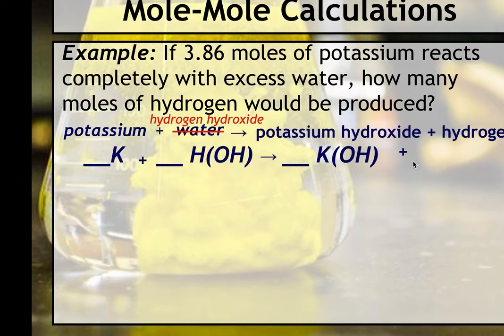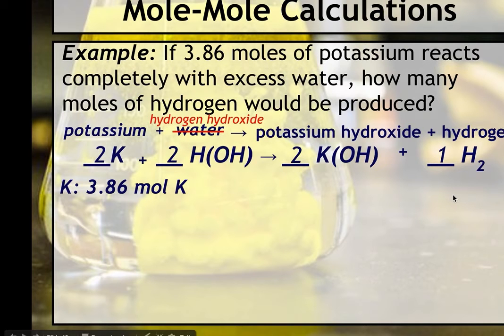And then hydrogen, and hopefully you know now that this hydrogen must be written as H2 because it's a diatomic element. So when I balance my chemical equation, these are the coefficients I have: 2 moles of potassium to 2 moles of water to 2 moles of potassium hydroxide and 1 mole of hydrogen.